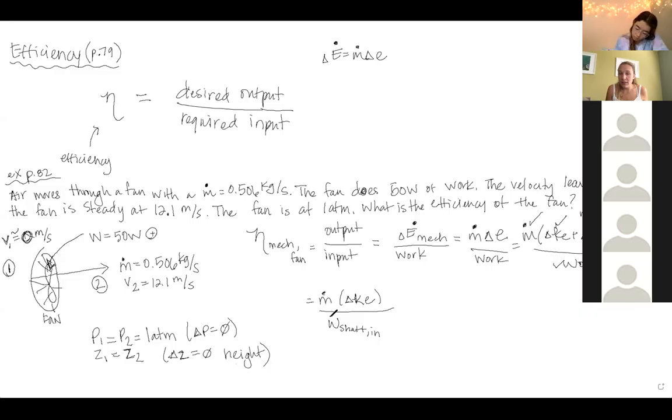And I'm going to denote this as a hat because our work is given to us in kilowatts, which means it's joules per time. So it's actually power. And so this equation becomes our mass transfer rate, and then 1/2 velocity at point 2 squared minus velocity at point 1 squared, which is just our change in velocity equation, over our work done by our shaft put in, which is just denoting that it's going to be positive.